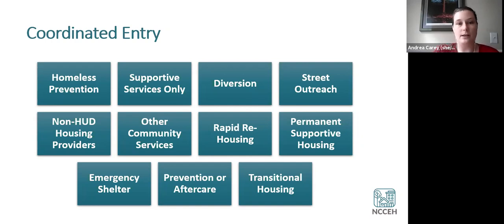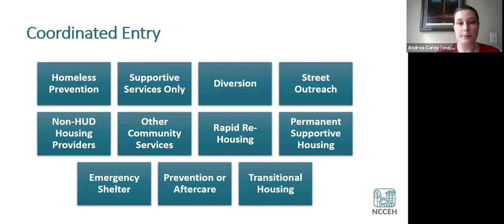And so when we're thinking about this, this does involve all of our different types of HMIS project types. Everything from homeless prevention to supportive services and diversion. Those might be some of the first places someone presents for services. Of course, street outreach, meeting folks in the community, meeting them where they are.